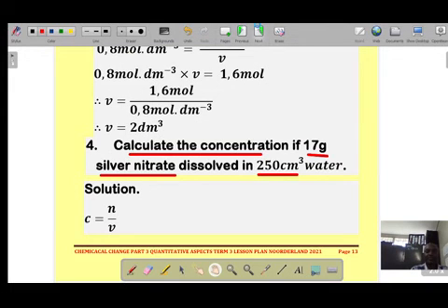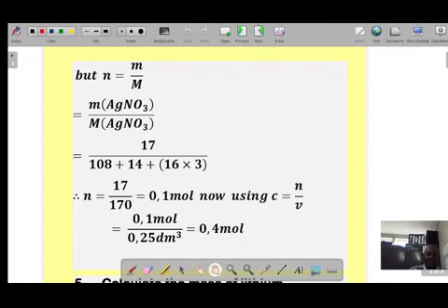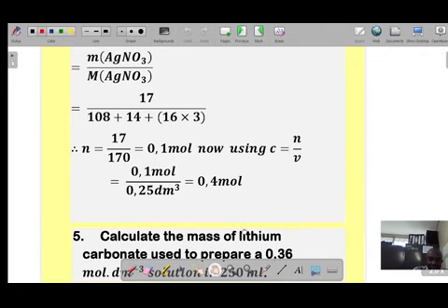Now if you look at C equals N over V, we first get the number of moles, that's mass over molar mass, which gives us 0.1 moles. But what does our C equal? C is N divided by volume, ne? Our volume is also in decimeters cubed now if you divide it. So this is 0.1 over 0.25, giving us what? 0.4 moles per decimeter cubed. Hope we are still together, guys.